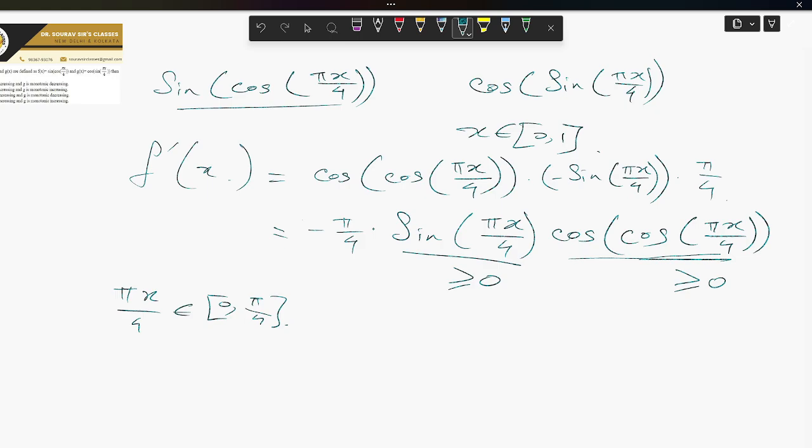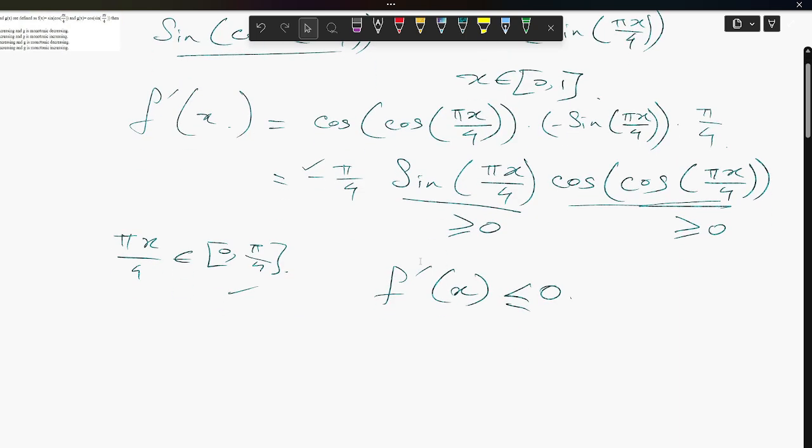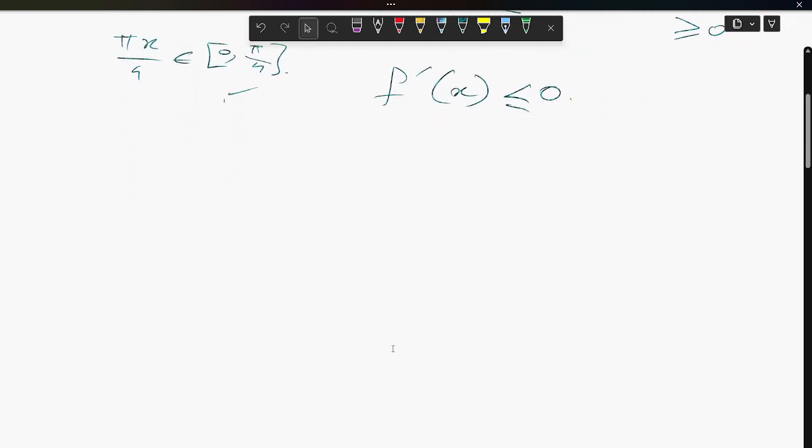As we have a negative sign here, our f'(x) is negative for this interval. As f'(x) is less than or equal to 0, we can tell that f(x) is monotonic decreasing.